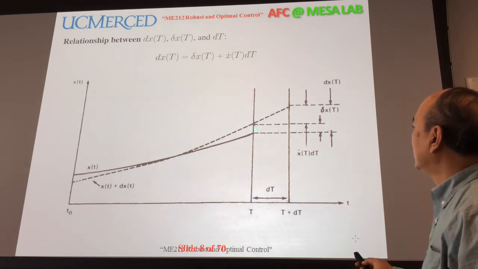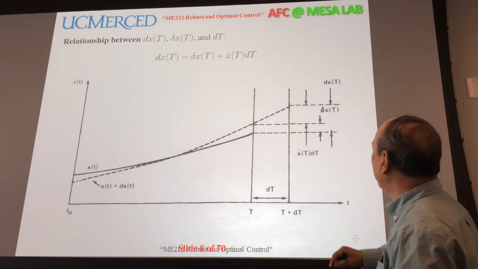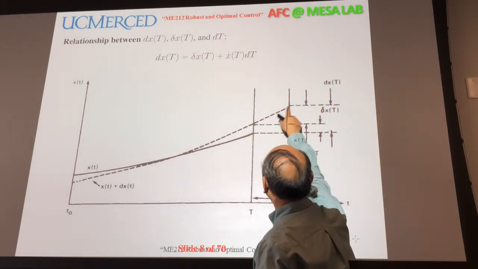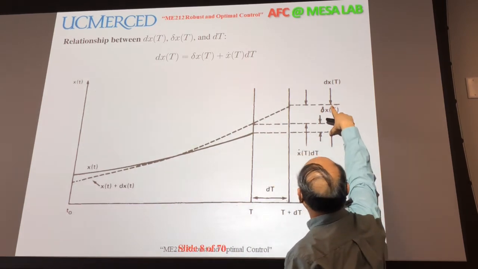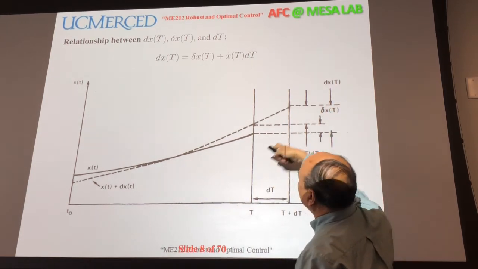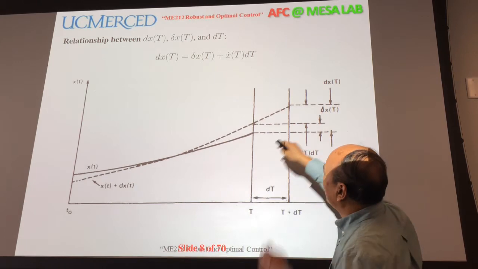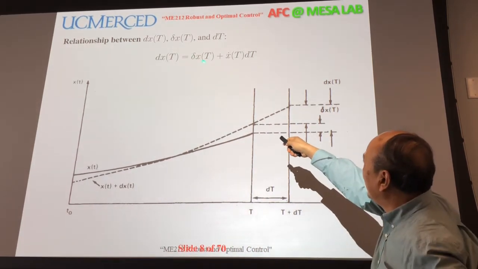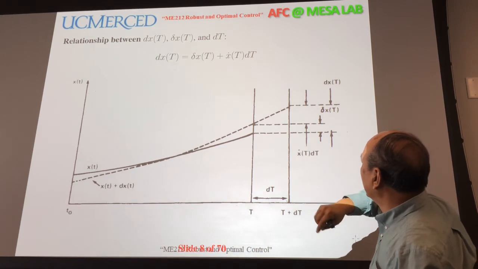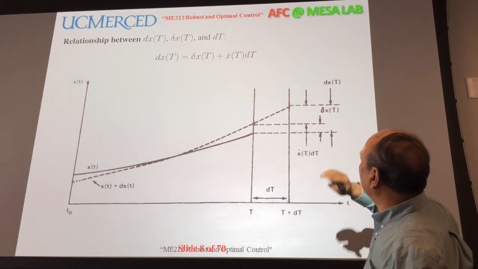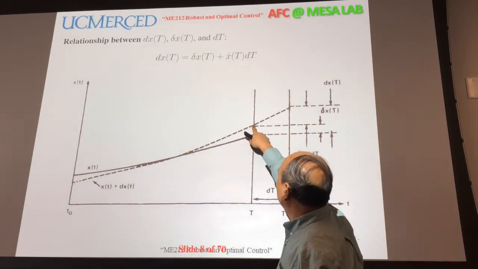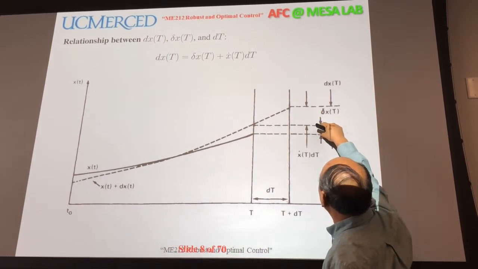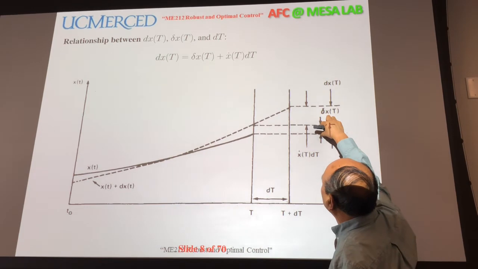So from here to here, this is called dx(T), okay? This, the terminal point, is the total variation. It is actually a delta x(T), okay? What is delta x(T)? Is here, this point. So this is my delta x(T), small delta x(T), okay?